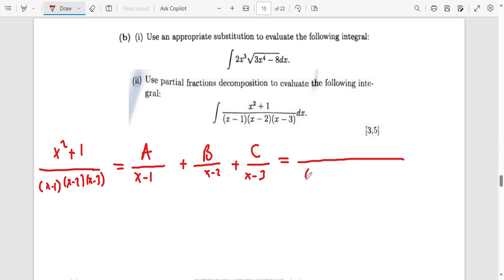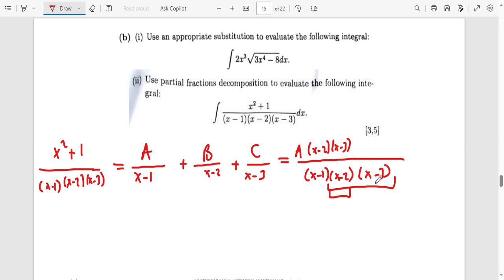Just multiply the denominator. So we're going to have x minus 1, x minus 2, x minus 3. When you take x minus 1 into this denominator, we're going to remain with this term on this side. This term you multiply with the A. So we're going to have A, x minus 2, x minus 3. If you take x minus 2 into the denominator, only this term will not be there.